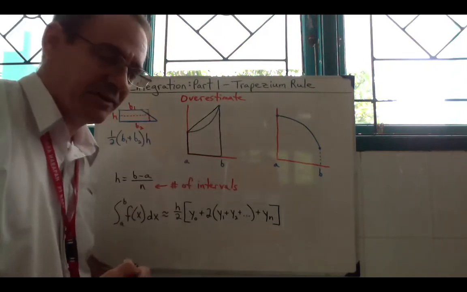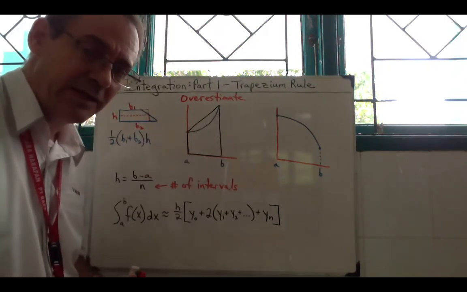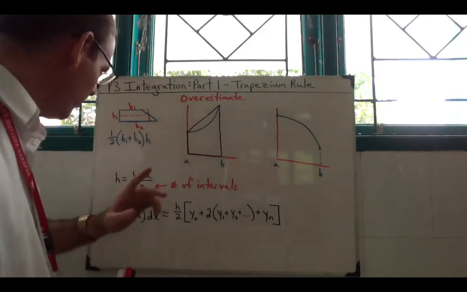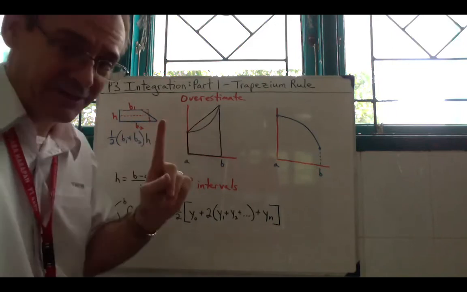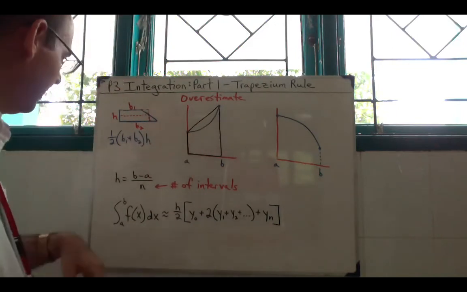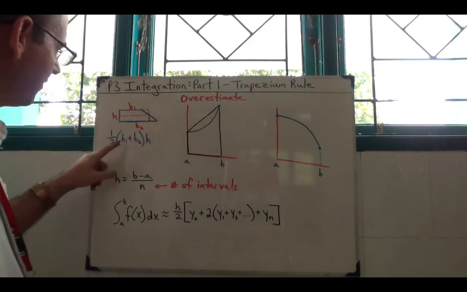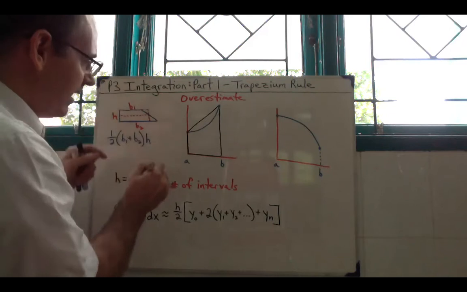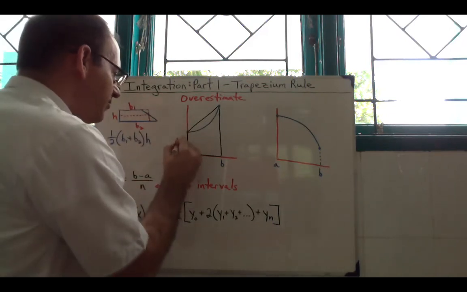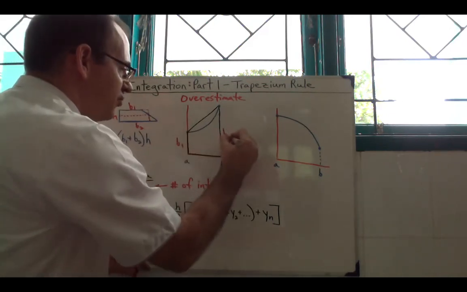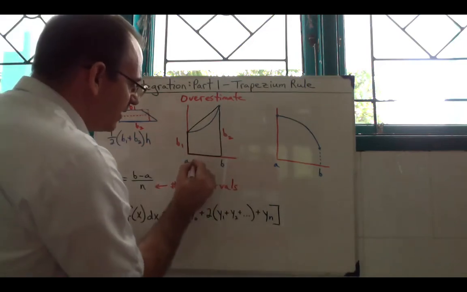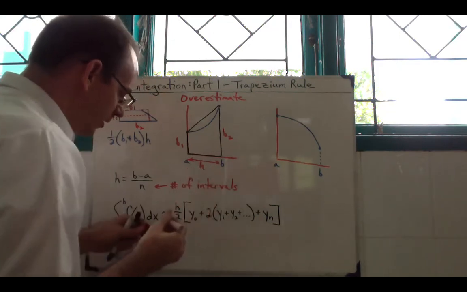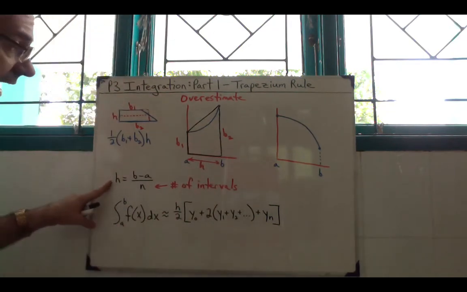Now, if we want to make this a little bit more accurate, we can divide it up into several trapeziums. But before we do that, while we have it as one, let's look at the formula again. We have 1/2 the two bases, but now the bases, instead of being this way, they're now up and down. So here's base 1 and here's base 2, and the height is actually between here. So there's a formula for finding the height.